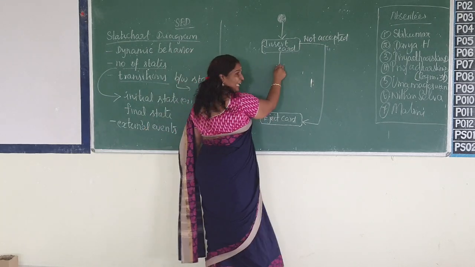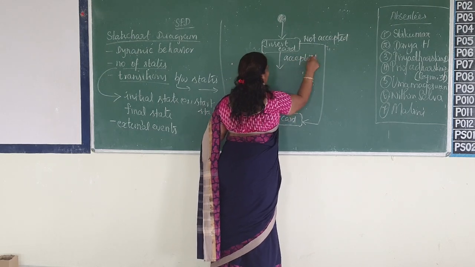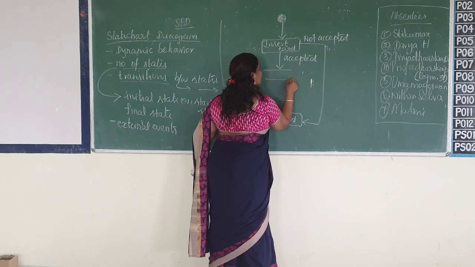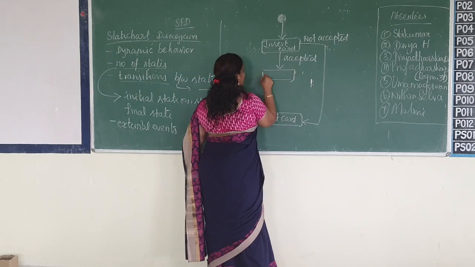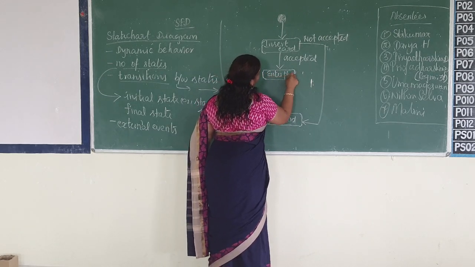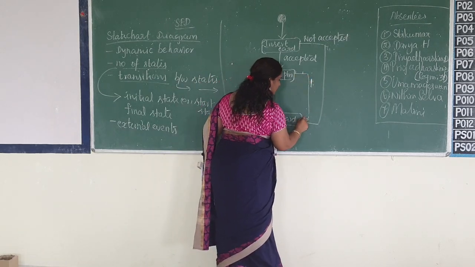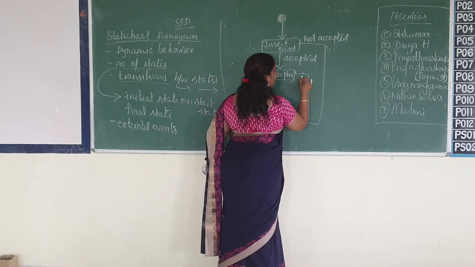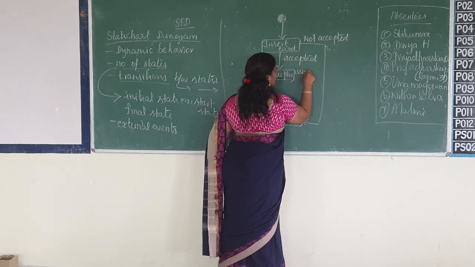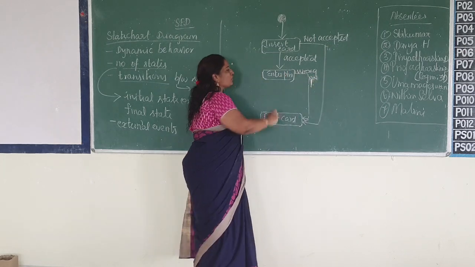So if it is accepted, the next state will be enter pin. Enter pin. If it is a wrong pin, the transition, so pin is wrong. Wrong pin.